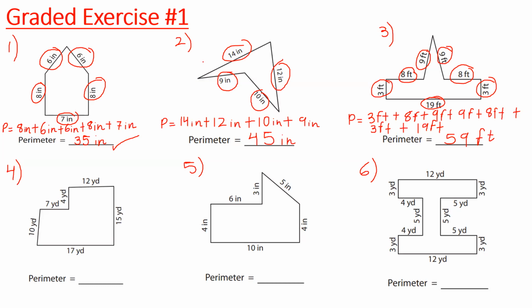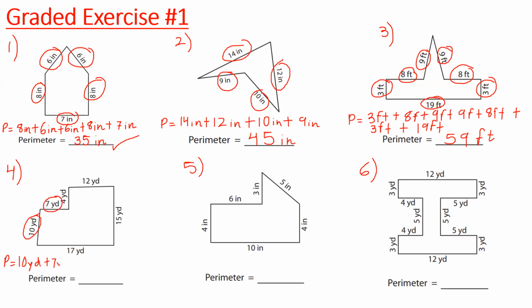For number 4, I want Tanaj, can you help me with number 4, please? For number 4, I added 10 yards, 7 yards, 4 yards, 12 yards, 15 yards, 17 yards, and I got 65 yards.